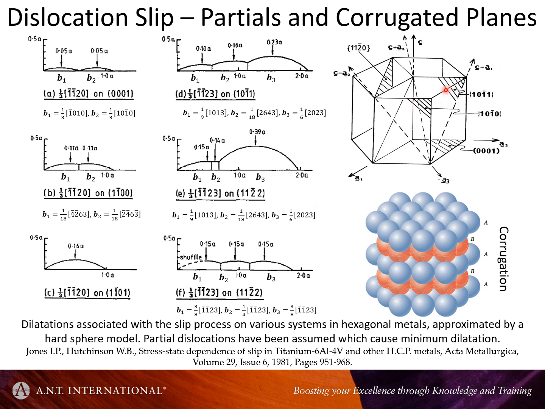And because the planes in zirconium are corrugated, we end up with a whole range of different possibilities in terms of slip operations. Again, the best way to illustrate this is using the ball models, and if you check the videos, you'll see exactly what I mean when we look at these different configurations.